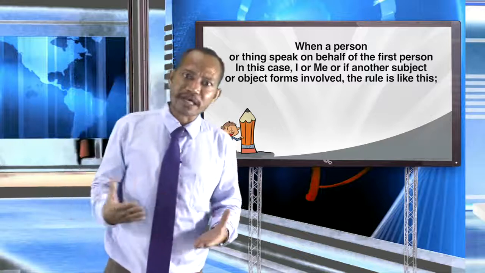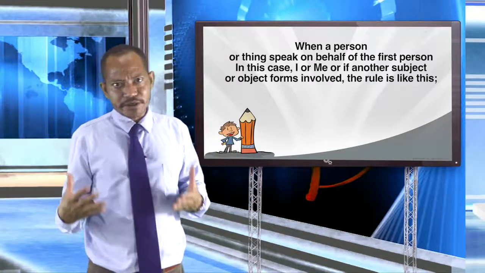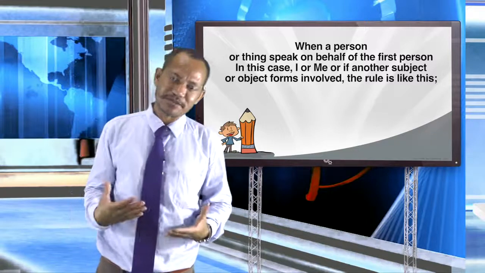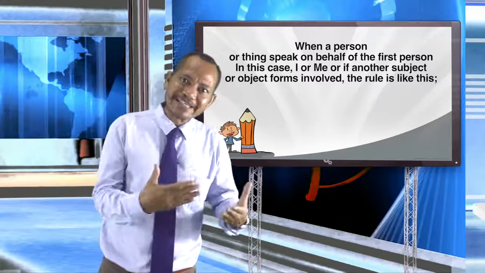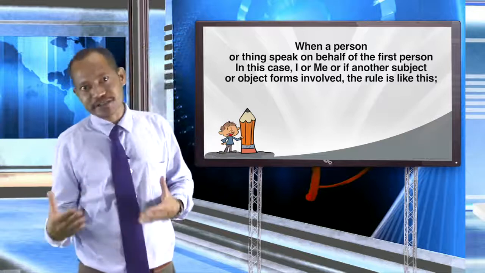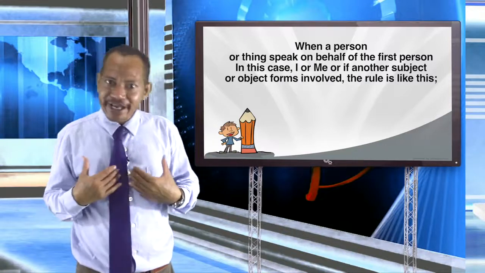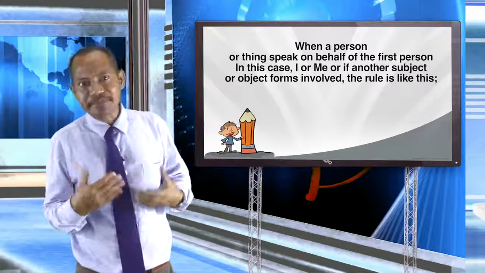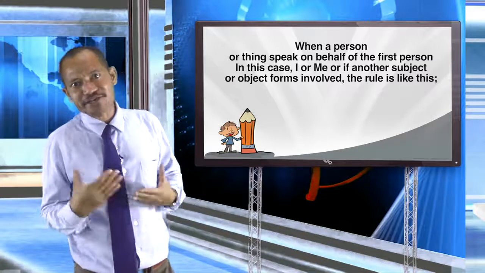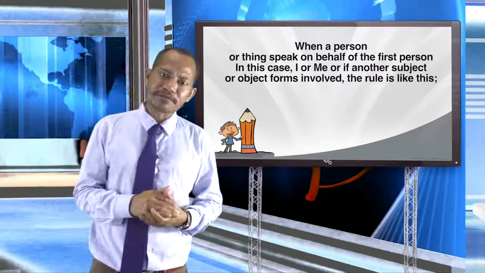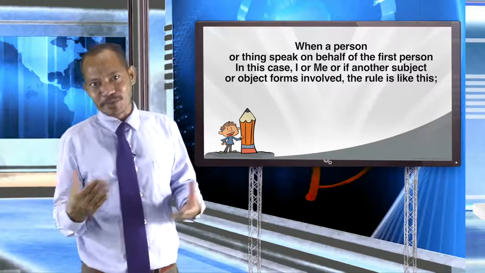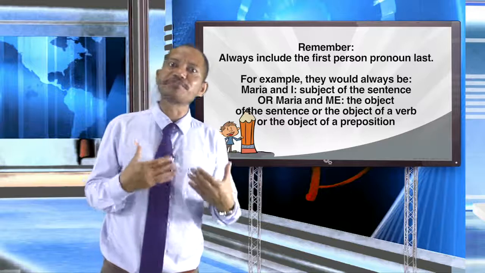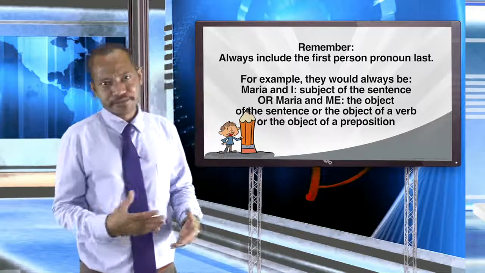It is obvious that whenever a person is speaking in the name of the first person, talking about him or herself using I or me, and if there is another subject or object involved, the rule is simple. Remember to always include the first person pronoun last.